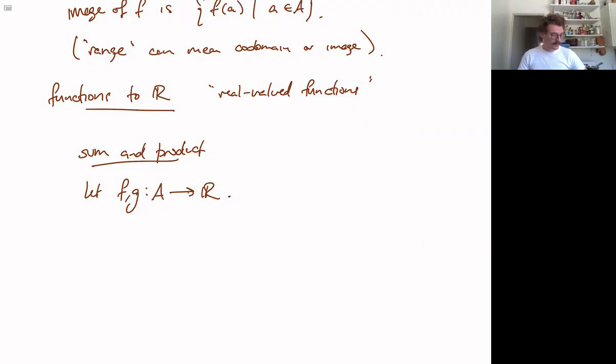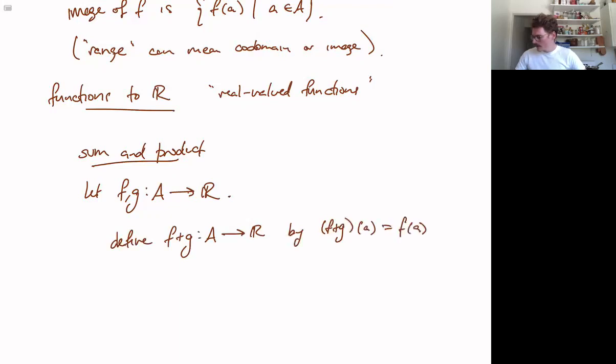So we can define a map f plus g, which is, again, a map from A to the real numbers. And it's just defined by f plus g applied to some element a is f of a plus g of a.